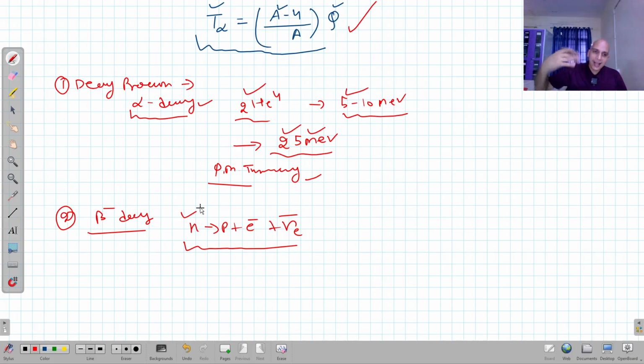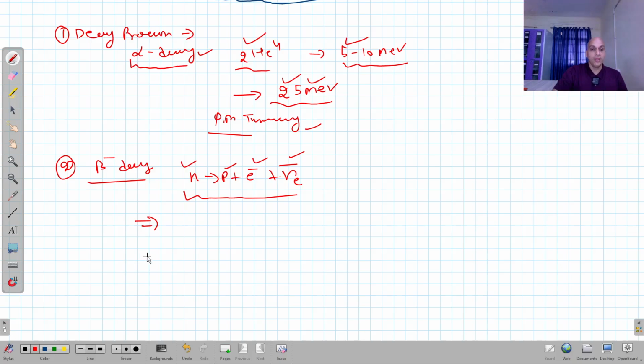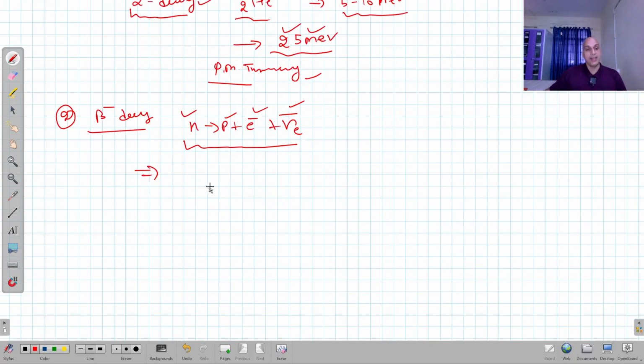Because they are increasing the size. So the nucleus wants to reduce the number of neutrons, right? It can do it by changing a neutron into a proton, and in this process an electron and antineutrino are emitted, right?